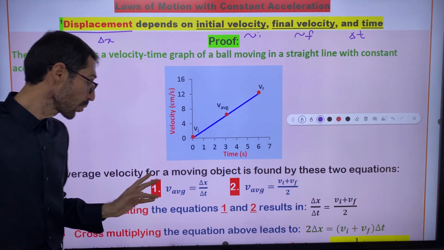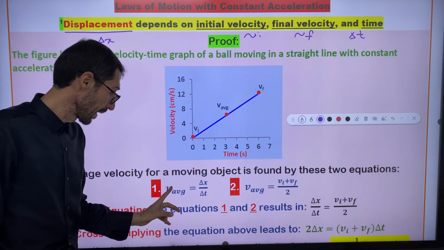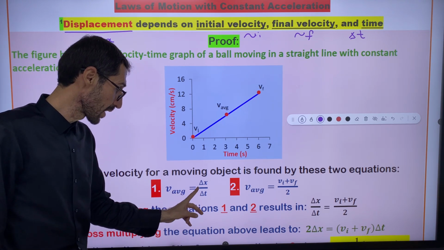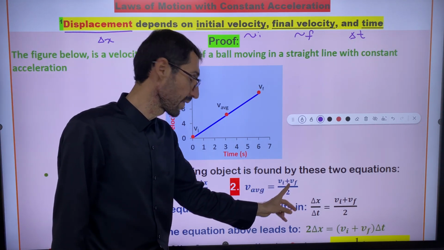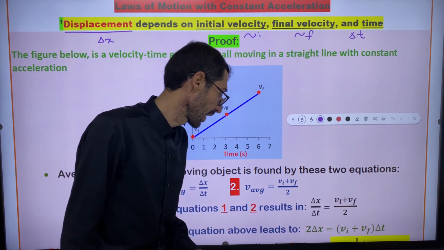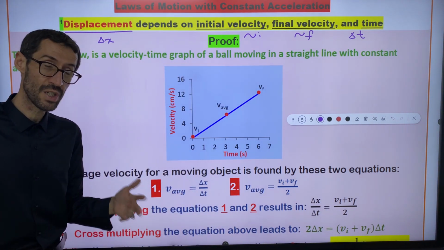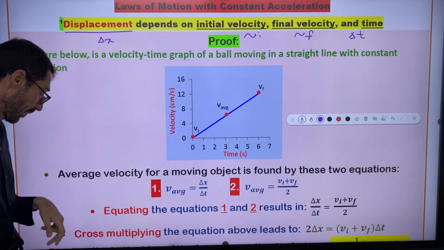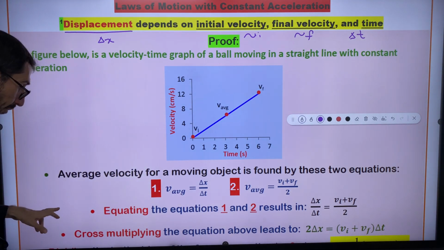That's why I can equalize delta x over delta t to Vi plus Vf over 2, because the left side of these equations is the same, which is V average.